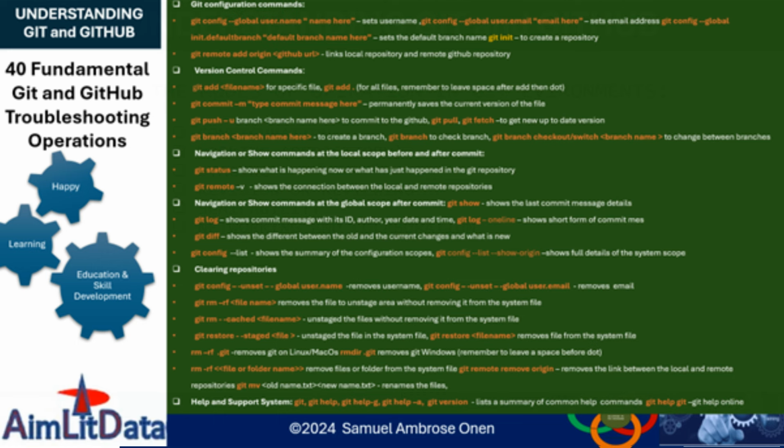And then we'll be doing a lot of collaboration or networking by linking local repositories to the remote repositories and trying to push and pull the versions of our files in order to control them. And then we will be getting a lot of help and support whenever we get stuck or need any support.